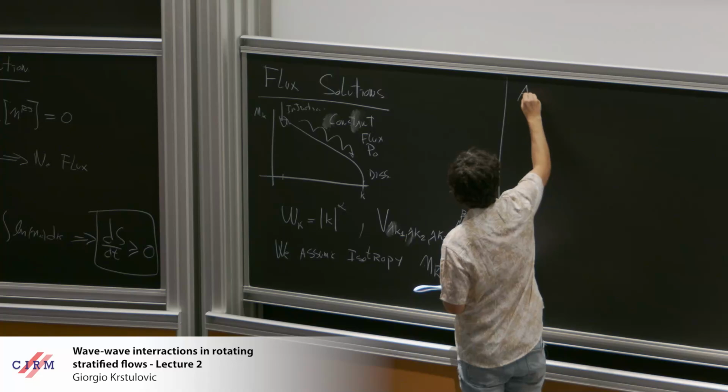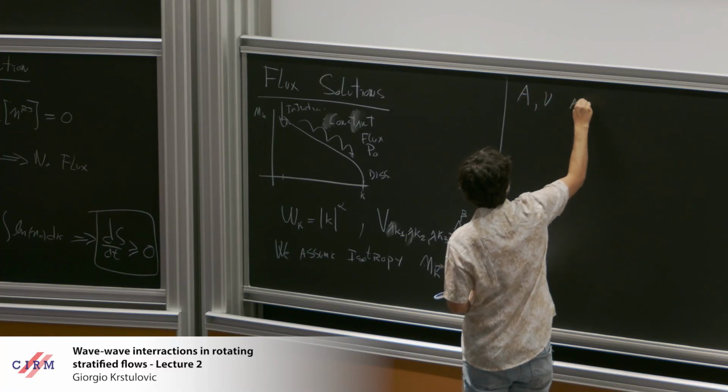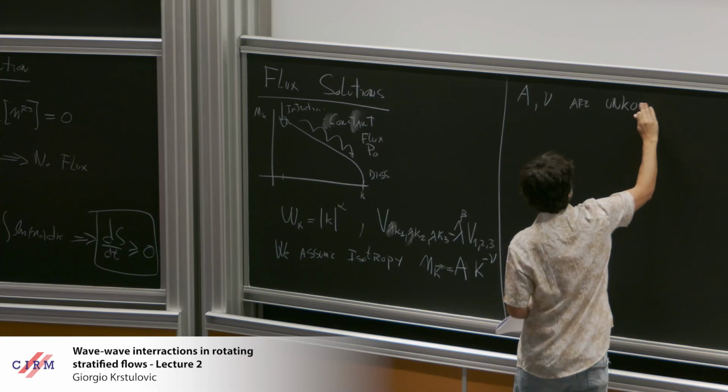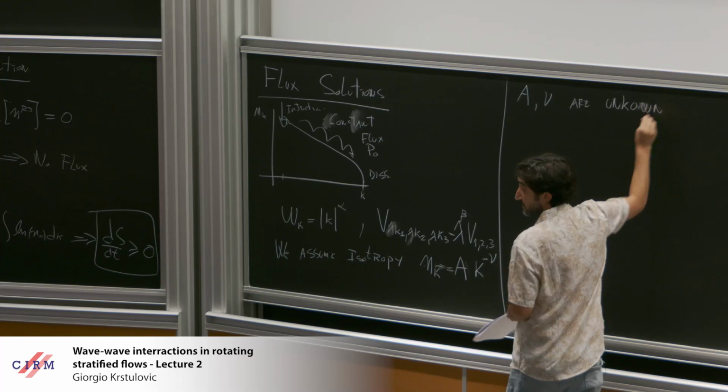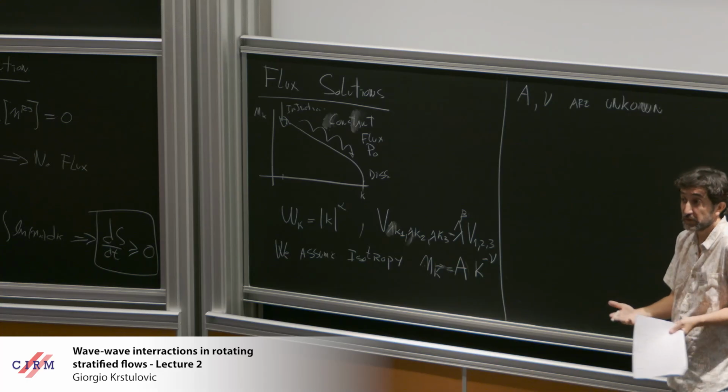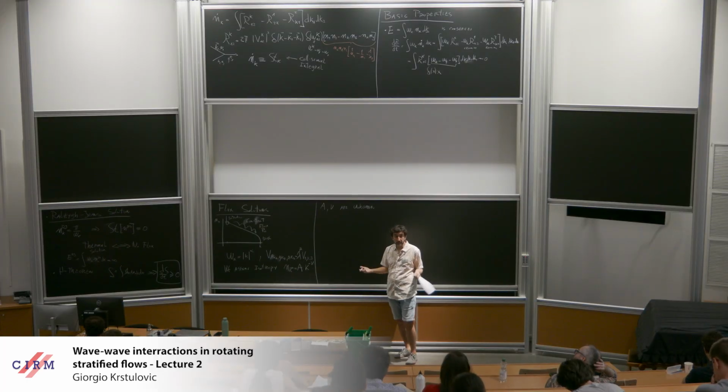And a and nu are the unknowns. So what I want to do now is to play with the kinetic equation to see what a and nu should be, if I can say something.